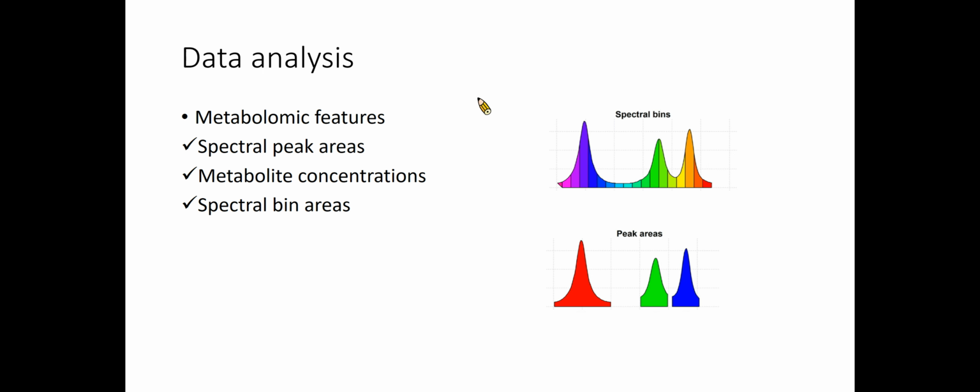Depending on the analytical technique and the spectral processing workflow that have been used, different metabolomic features are used as input for data analysis. Spectral peak area is one of the most commonly used features in high-throughput metabolomic data. They are computed through the integration of the peaks identified and aligned as previously mentioned.